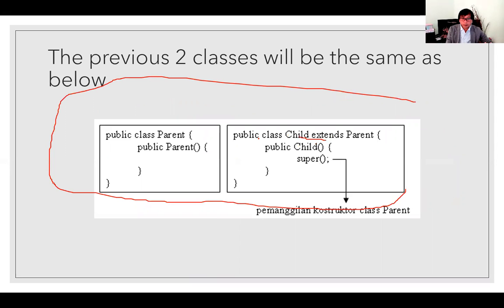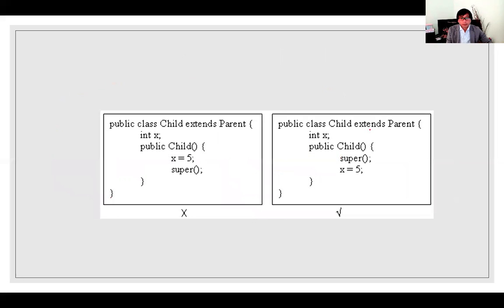So this is the rule that you need to apply whenever you create the constructor of a class. You have to make sure that you call the parent superclass constructor first before you write any other line of code. This is an example of an incorrect and a correct way to write the code. Why is this incorrect?